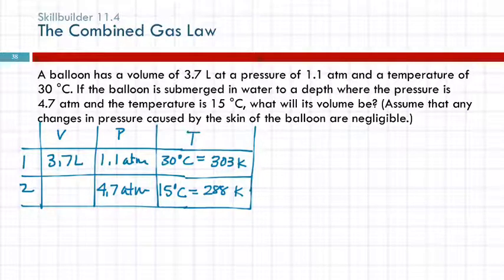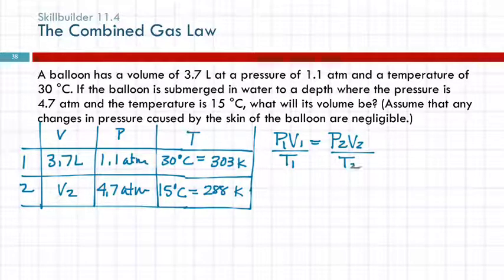We have one blank in our table, we'll call that V2. We're going to use the combined gas law, P1V1 over T1 equals P2V2 over T2. Here we're solving for volume 2.